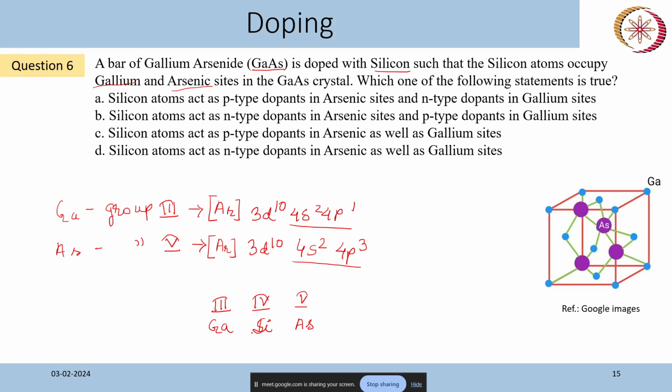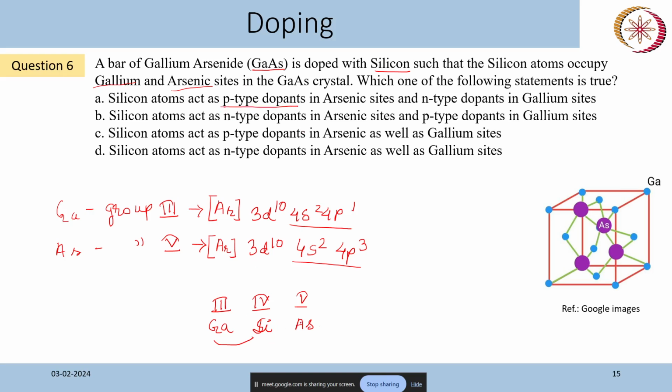When silicon atoms replace arsenic, so gallium and silicon, because the number of electrons is less, it will be a p-type dopant.